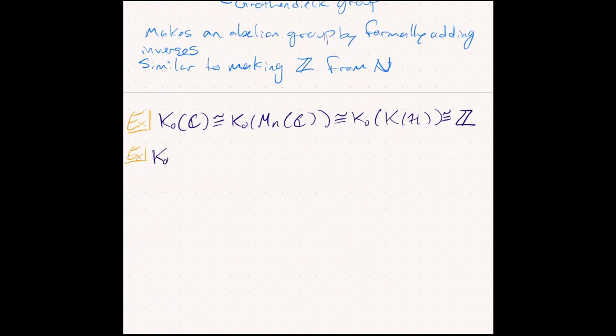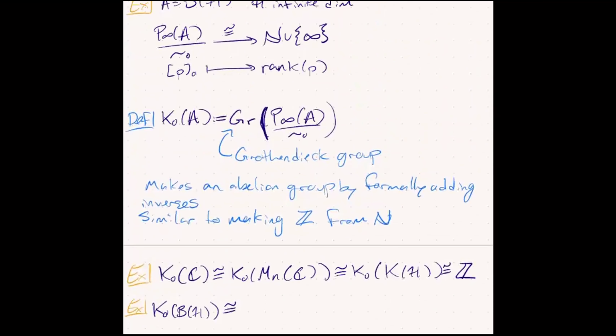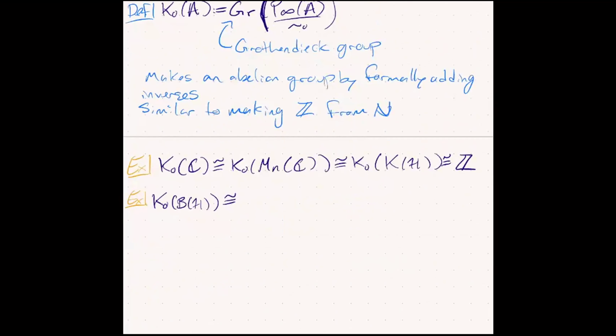For B of H, when you do the group completion of the semigroup that contains the infinity element, infinity is like an absorbing element, and it sucks in all of the naturals and collapses the group to just the trivial group 0.